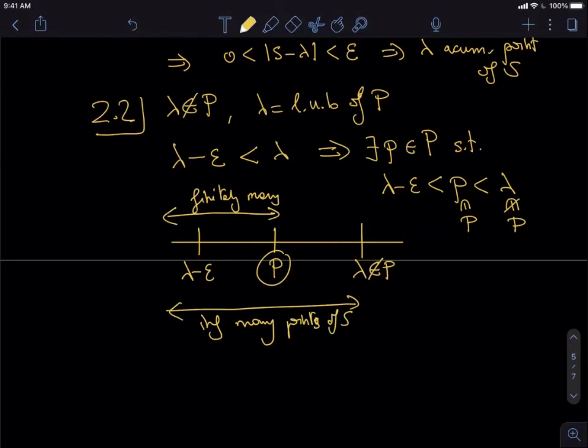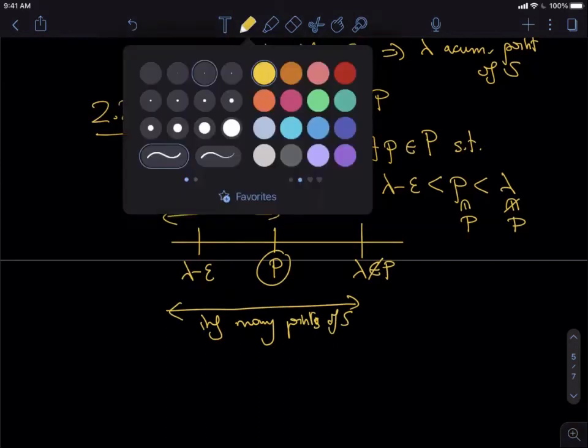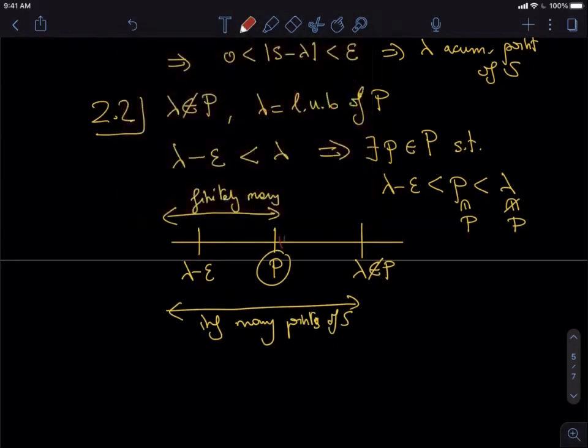So again, what happens is that we are going to have an accumulation here, because here we just had a few, but here we must have infinitely many, so they will accumulate.